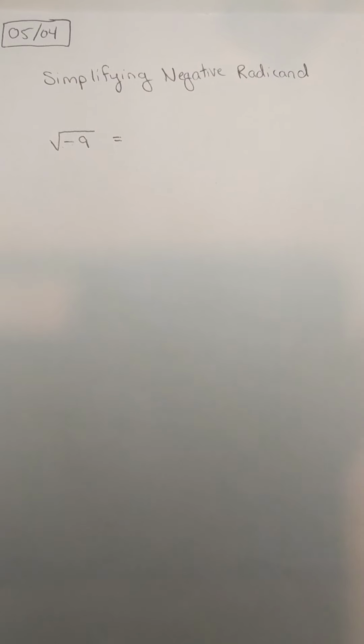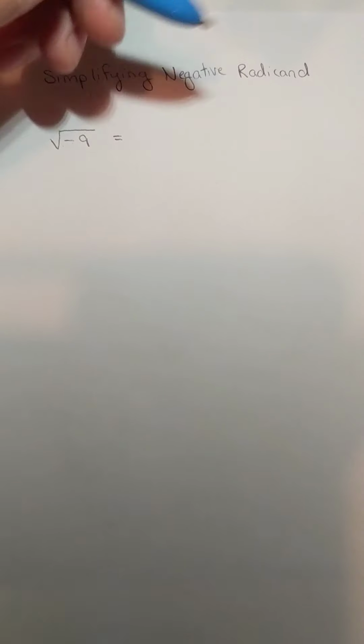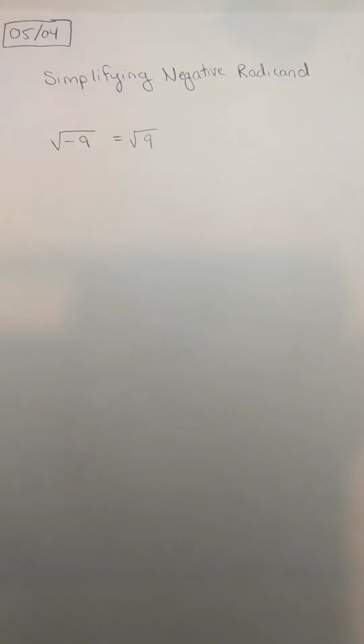So what we're going to introduce is something called a complex number or an imaginary number. Now, complex numbers are every number you could possibly imagine. A subset of complex numbers are imaginary numbers. You have imaginary and you have real. So for this square root of negative 9, I know I like the square root of 9 because that's 3.